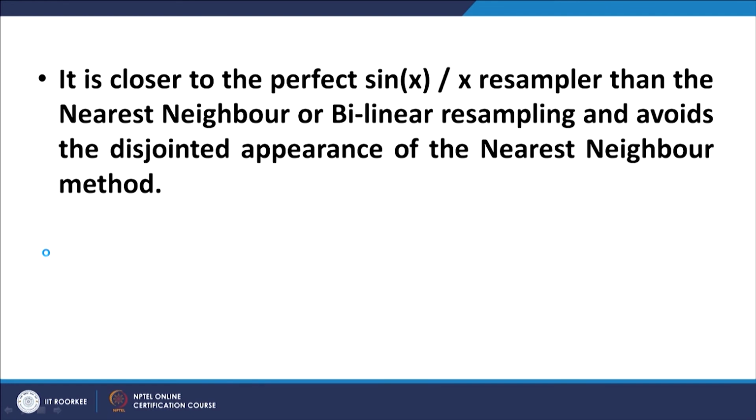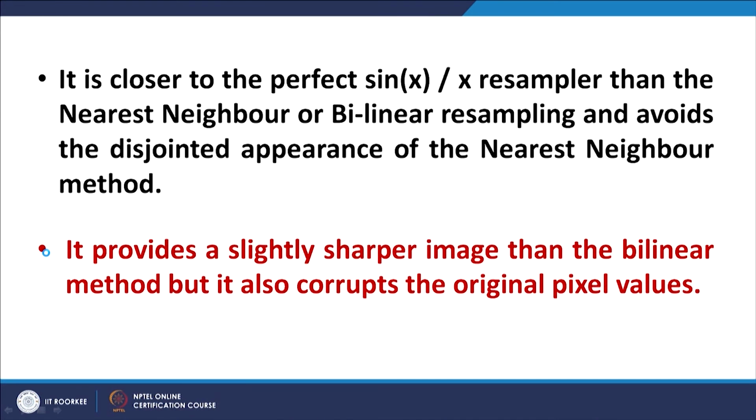Again, it is closer to the perfect sin x by x resampler than nearest neighbor or bilinear resampling. It avoids the disjointed appearance common in nearest neighbor, and it provides a slightly sharper image compared to bilinear, but it also corrupts the original pixel value like bilinear.